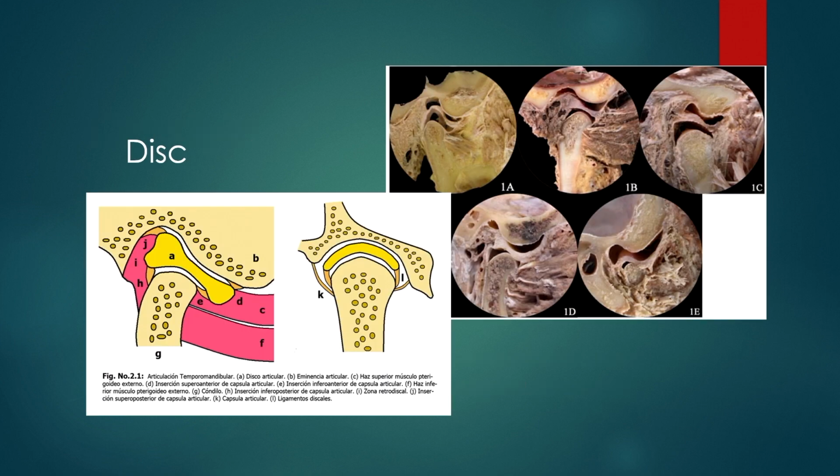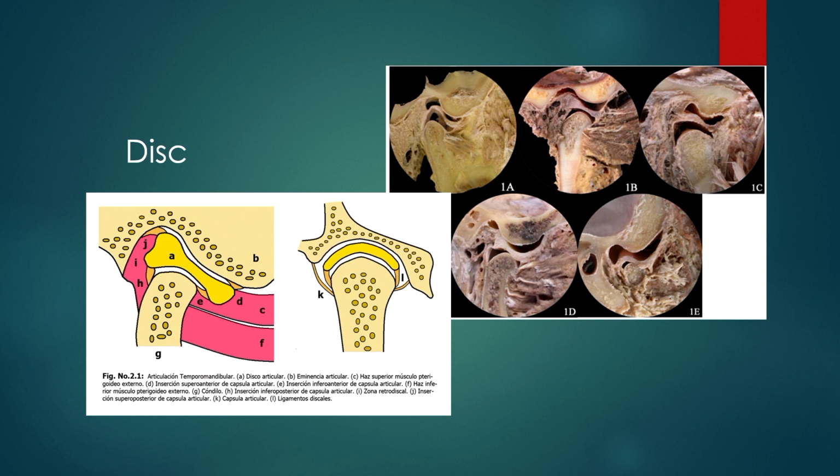This shows you a little bit more about the disc, which he was showing you before. It's biconcave. The image right here doesn't show you quite as well that it can be a little thicker on the sides as well. But basically think about a donut without the hole punched out in the middle. It sits on top of the condyle with little ridges around it to help it stay in place.